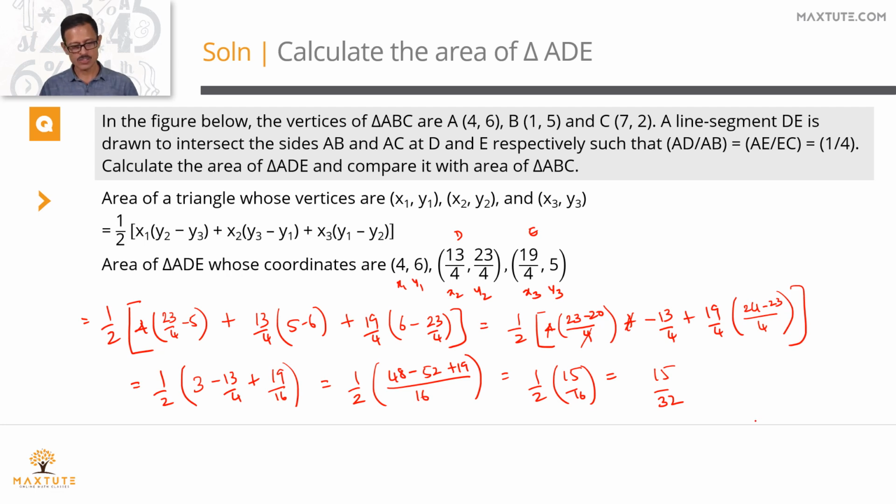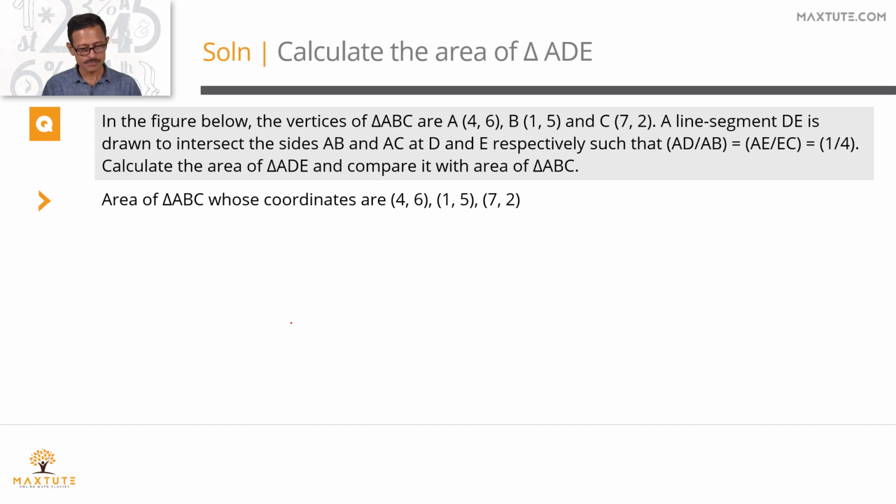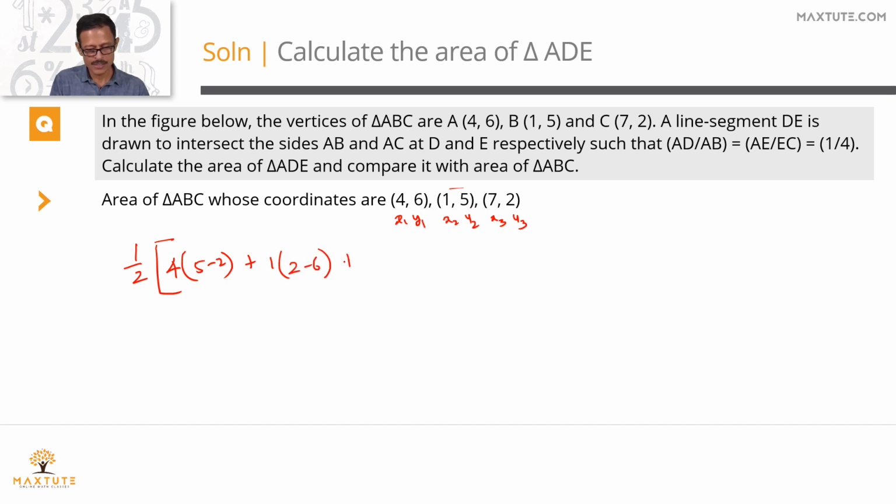Let's run through the same process, however meticulous it is, to find the area of triangle ABC. So x1, y1, x2, y2, x3, y3. Certainly going to be a lot easier than last time. x1, which is 4, into y2 minus y3, which is 5 minus 2, plus x2, which is 1, into y3 minus y1, which is 2 minus 6, plus x3, which is 7, into y1 minus y2, which is 6 minus 5.